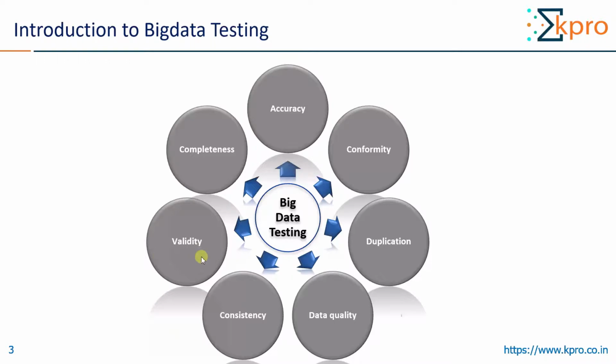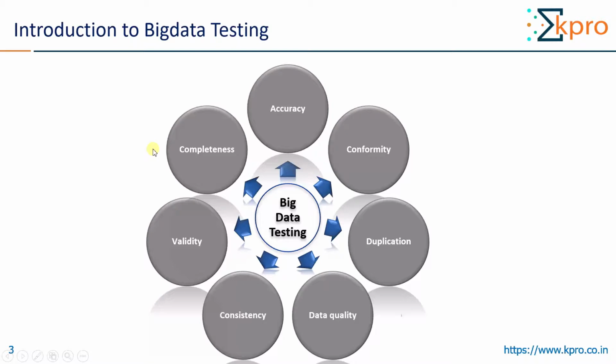Big data testing focuses on testing these data to prevent unwanted data to involve in decision making activities. As part of this, it checks accuracy, conformity, duplication, data quality, consistency, validity, completeness of the big data.